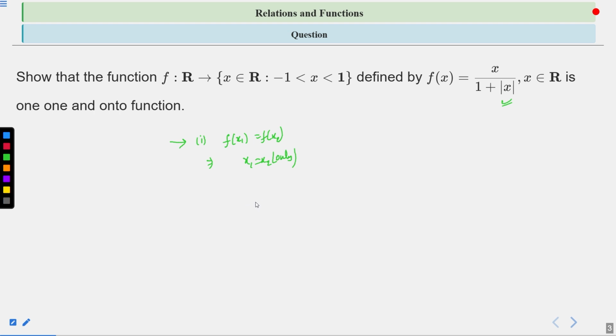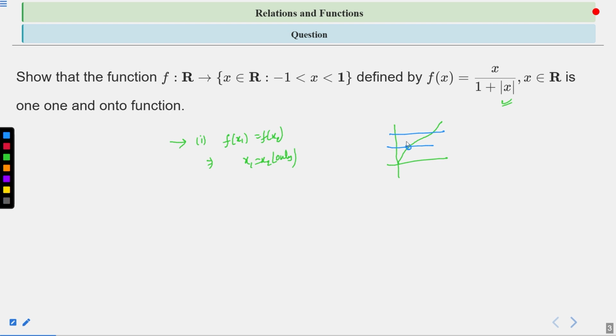There is also a graphical approach. What does the graphical approach say? If we draw the graph of the function, and if we draw any line which is parallel to the x-axis, then that line must cut the graph at exactly one point. Then only the function will be 1-1.